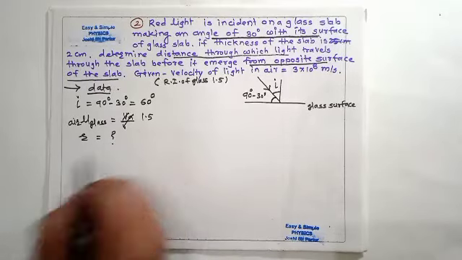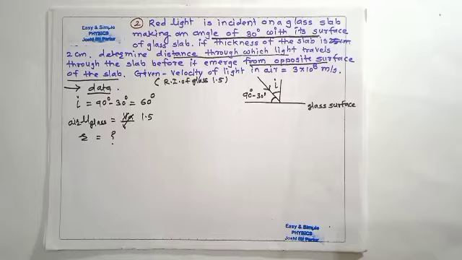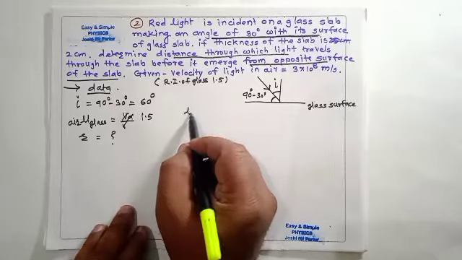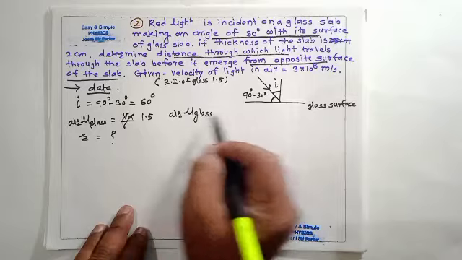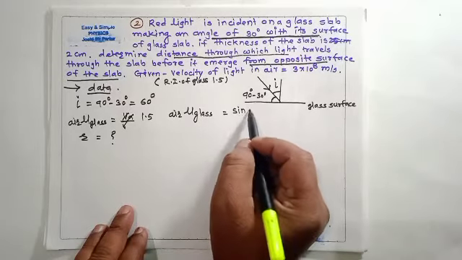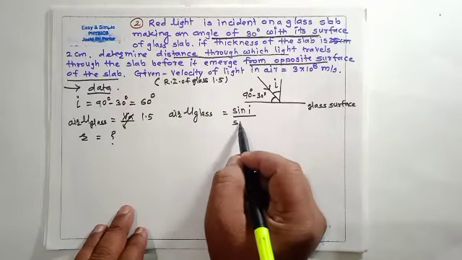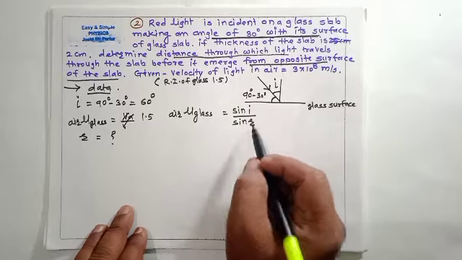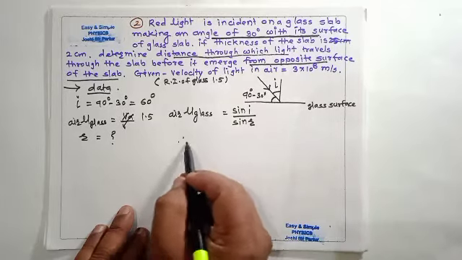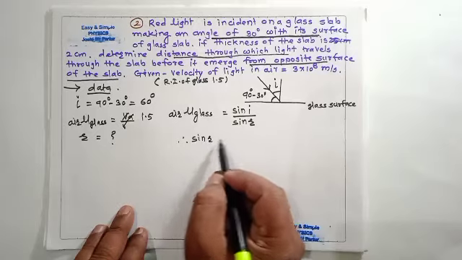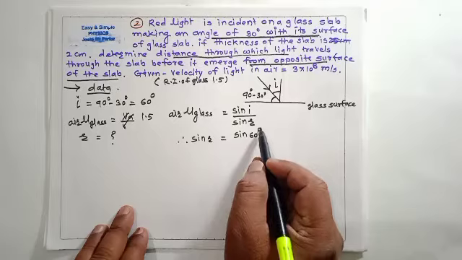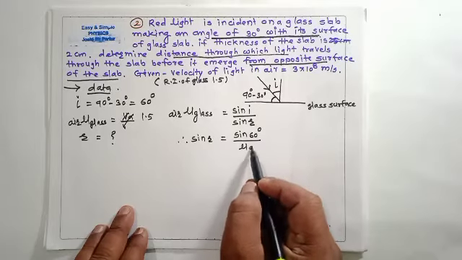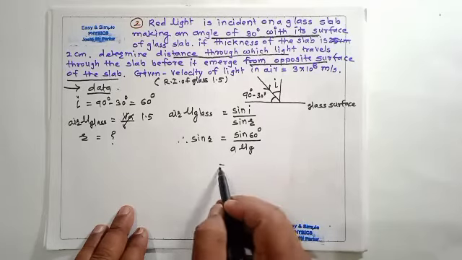First of all, we can find the angle of refraction R by using Snell's law. Using Snell's law, the refractive index of glass with respect to air is equal to the ratio of sine of the angle of incidence to sine of the angle of refraction. Means sine of the angle of refraction is equal to sine of the angle of incidence, that is 60 degree, upon mu for glass with respect to air.